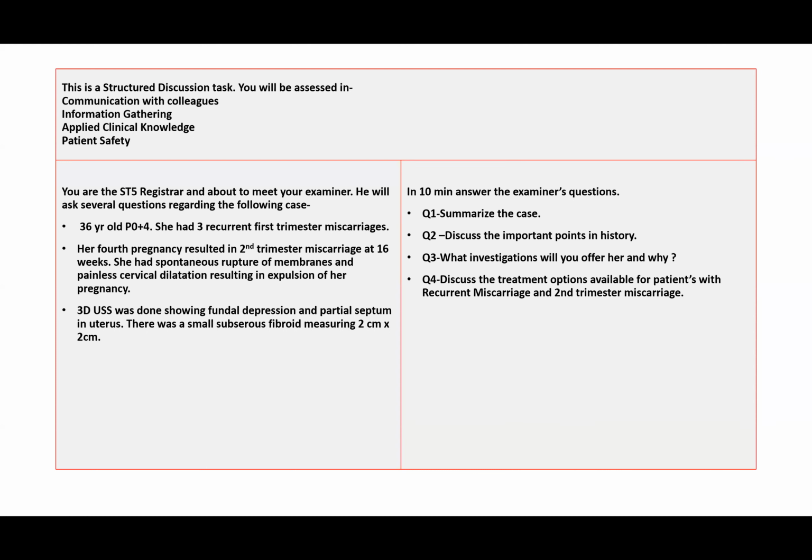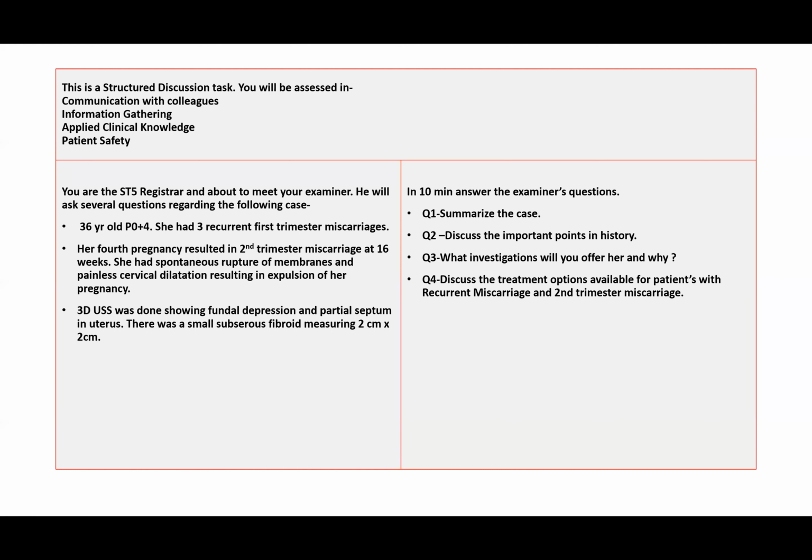As evidence suggests, in a patient having partial septum uterus, any corrective surgery of the uterus does not improve the pregnancy outcome. Other than that, it may cause pregnancy complications.